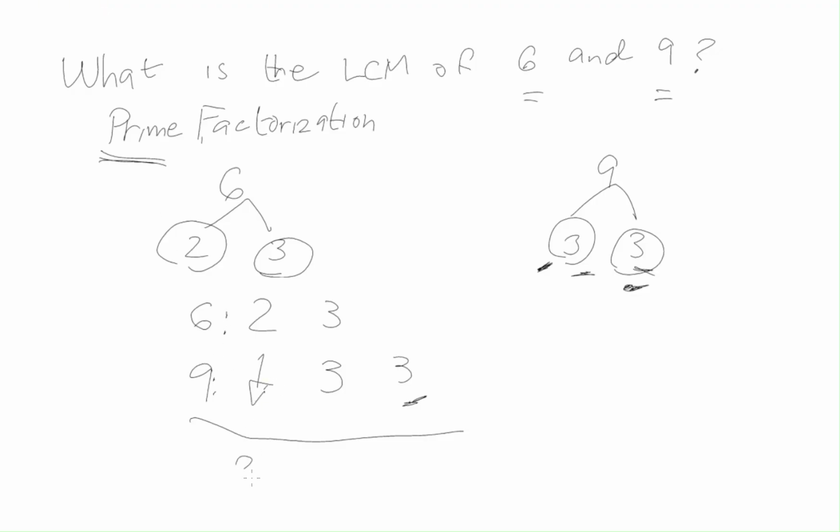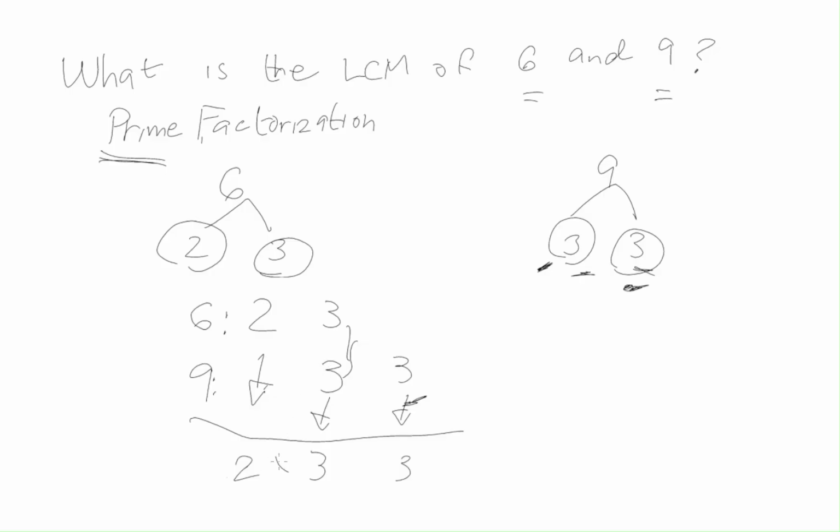So 2, we're going to bring down this 2. And then we're going to bring down this 3. So 3, that's just 3. And then we're going to bring down this 3, that's just 3 again. We're not going to put these stacked ones, these are going to be counted as one number only.